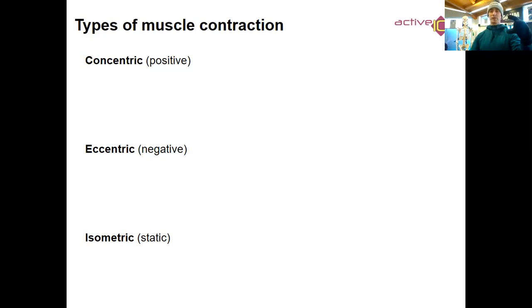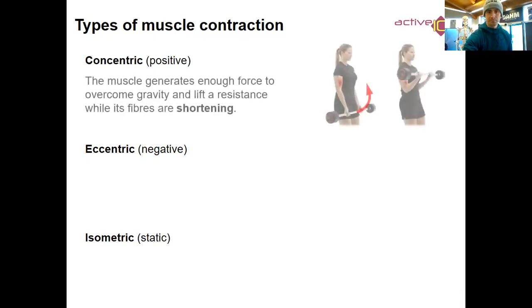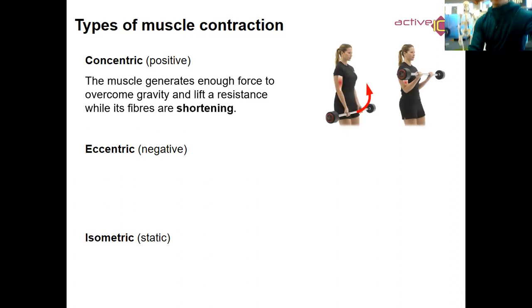Within isotonic, we have concentric and eccentric. Concentric means there's a shortening of the muscle under a contraction or under load. Here we give an example of a bicep curl. You would start at the bottom, and we're looking at the contraction of the bicep.